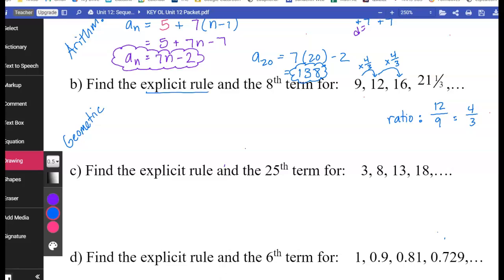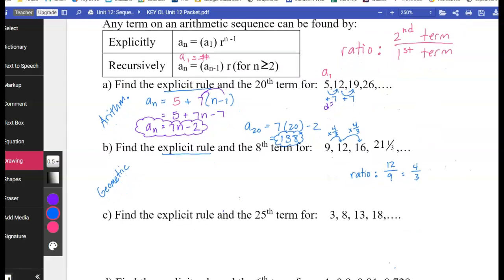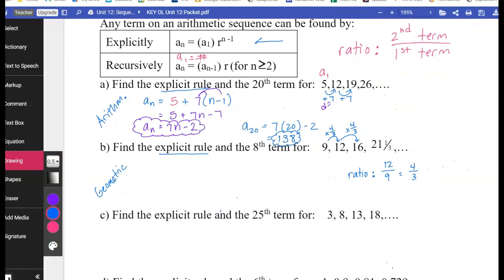Now it wants us again to explicitly write this rule, so I need to use this explicit formula. A sub n is equal to, now what's my a sub 1 value in this problem? 9 times my common ratio, which is 4/3, raised to the power of n minus 1.